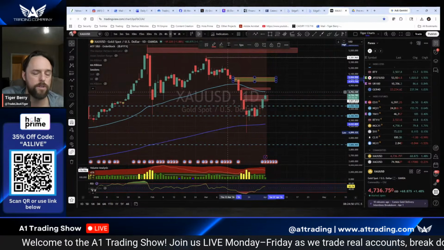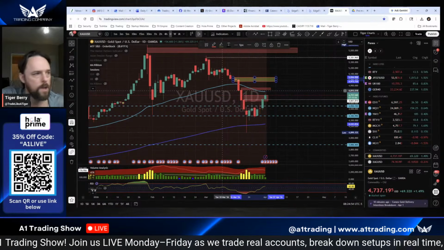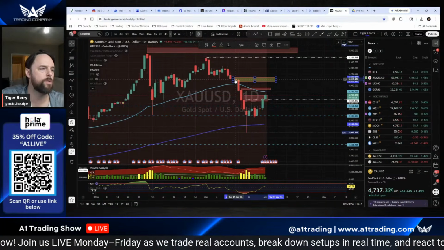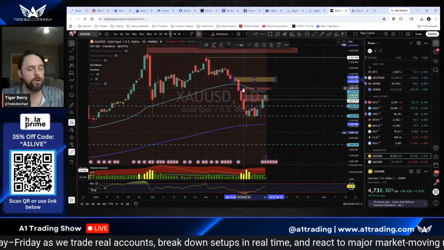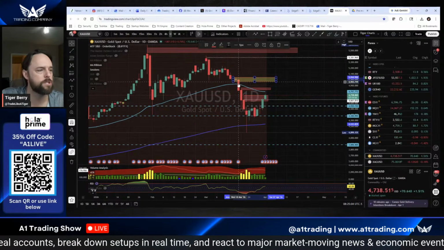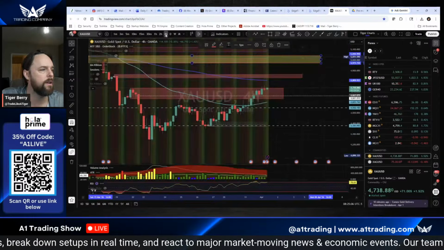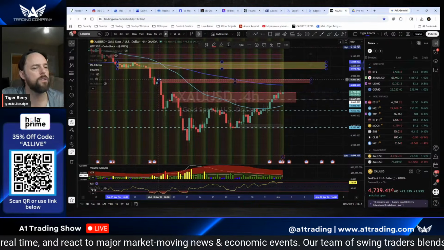As always, the higher the time frame we go, typically the more powerful the zone structure is. So the daily being right here, I would think that'd be stronger than this 4-hour that's a little lower. It's also a little bigger. It's also a little more muscular than this one down here. Again, this one's kind of skinny. I don't like real skinny zones.